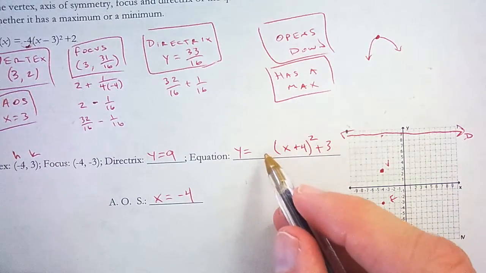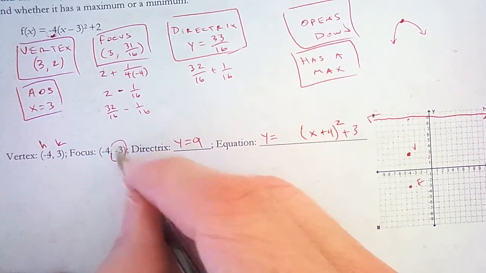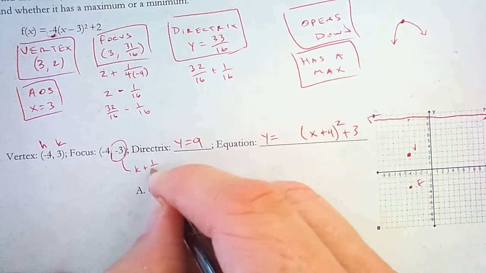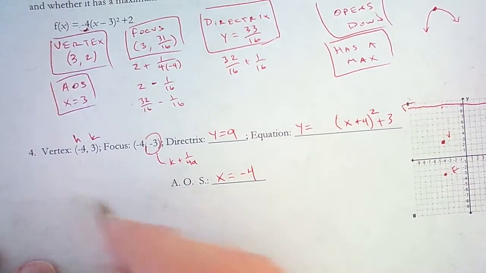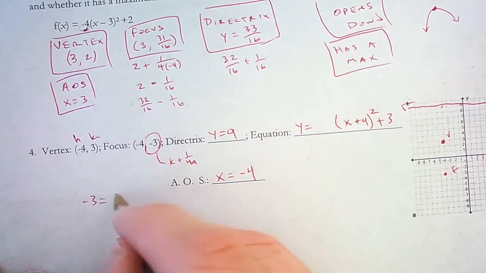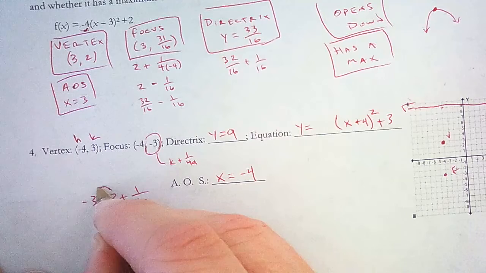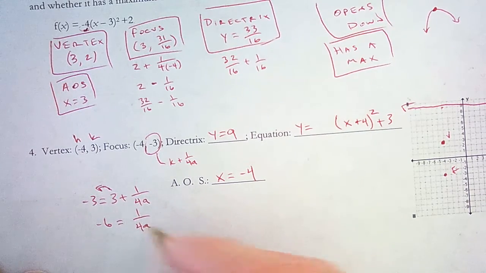Now I need a. So I take that y value of the focus, and that is equal to k plus 1 over 4a. So the y value of the focus equals k, which is 3, plus 1 over 4a. I'll subtract this 3 and get -6 equals 1 over 4a.